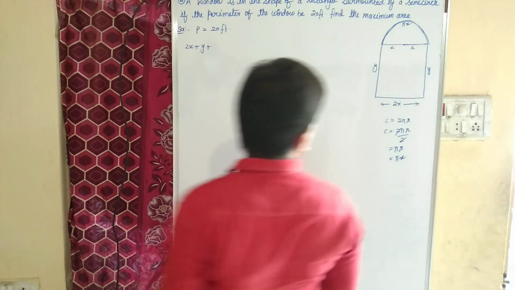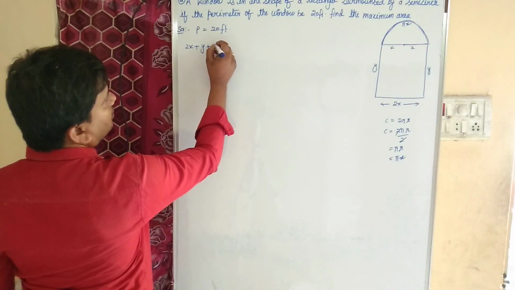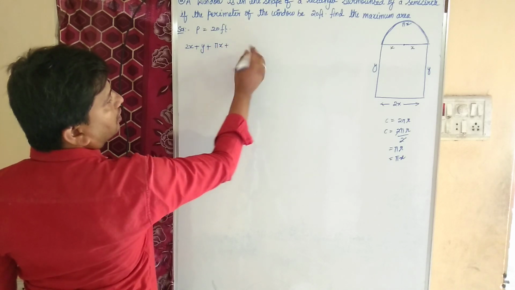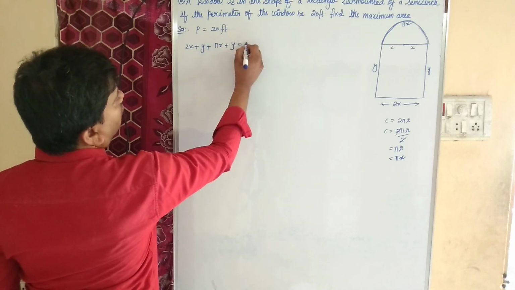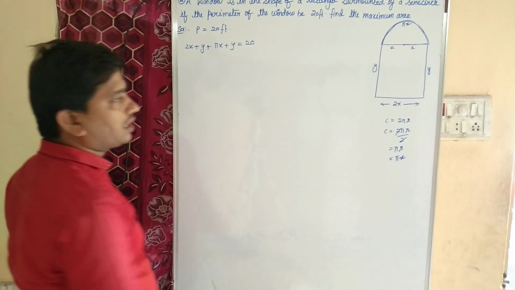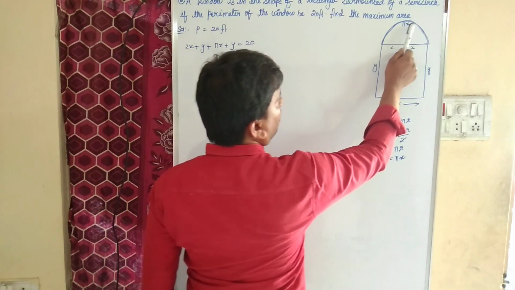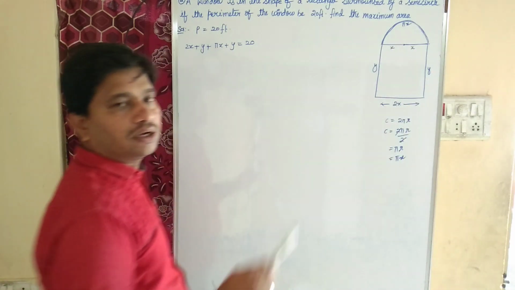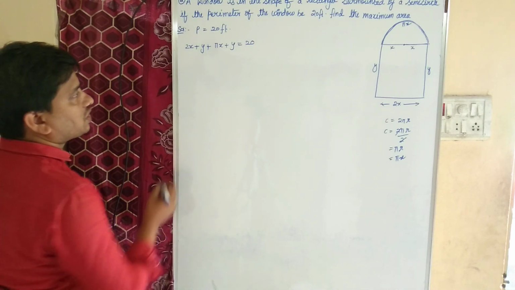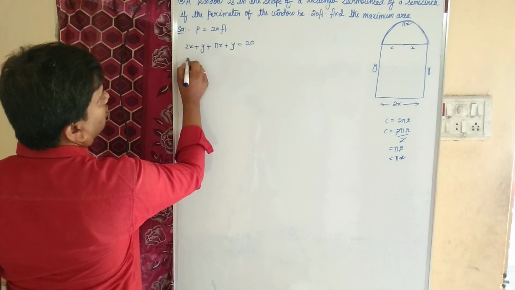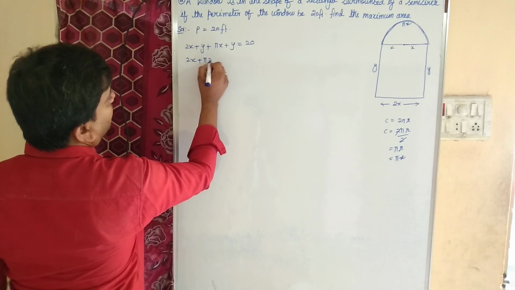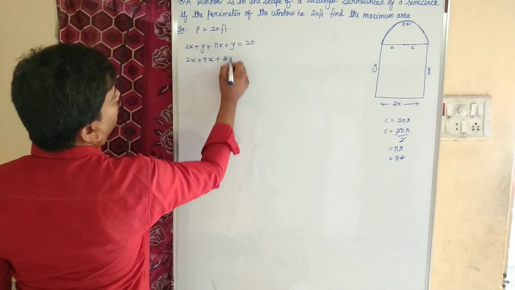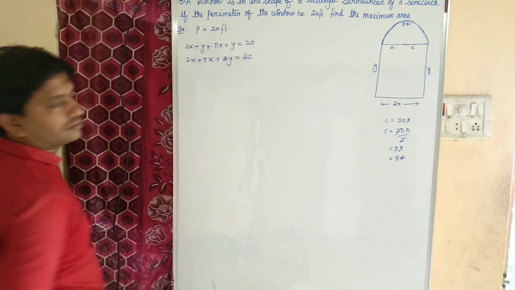So 2x plus y plus pi x and then y, that is equal to 20 feet, the sum of the lengths of all the sides. So 2x plus pi x plus y plus y, 2y, equal to 20.